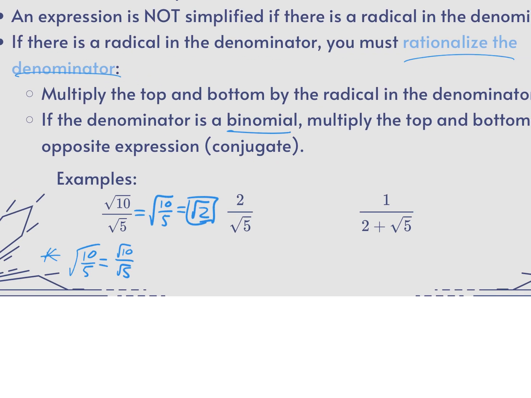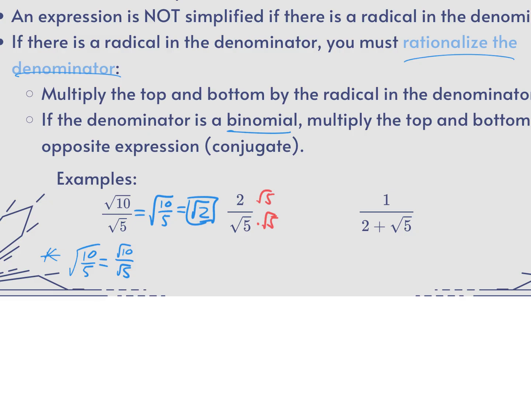Okay, but if I have something like 2 over the square root of 5, right? Only the bottom is a radical. So what I have to do in that case is I'm going to multiply the top and the bottom by that radical, right? You guys probably saw this or did this in geometry. But you're going to multiply the top and the bottom by that radical to rationalize the denominator, right?